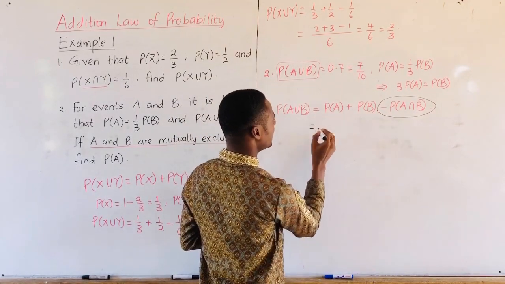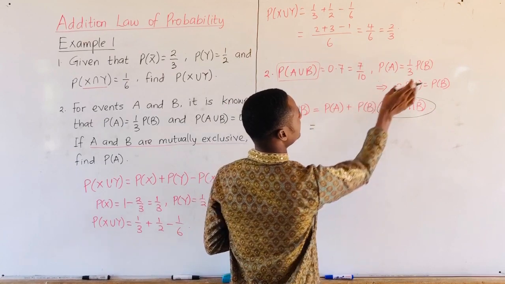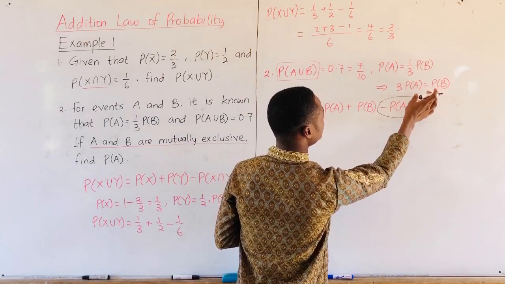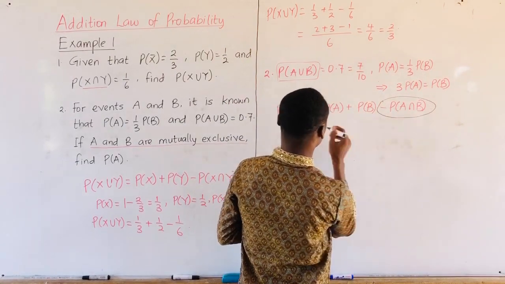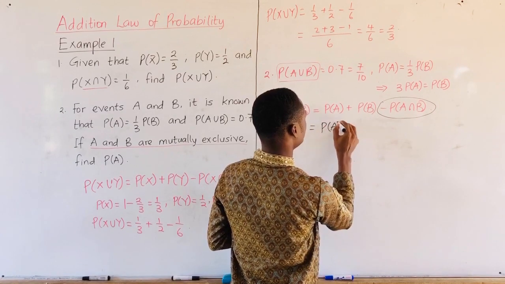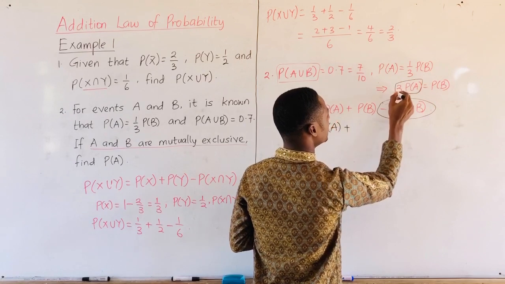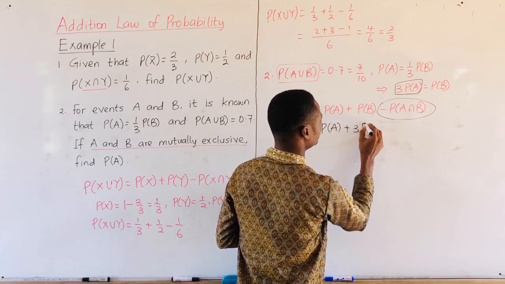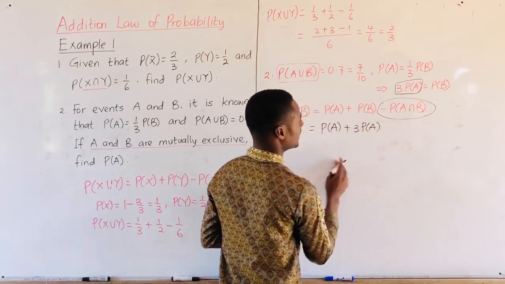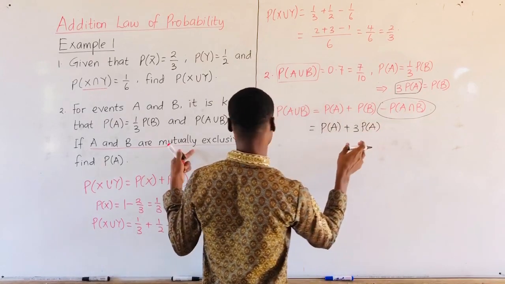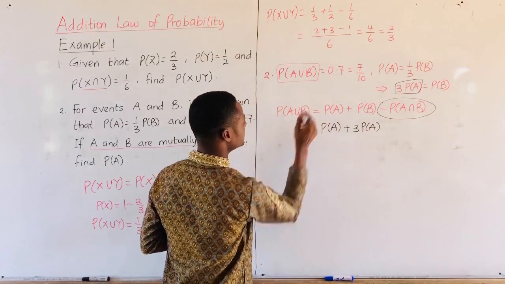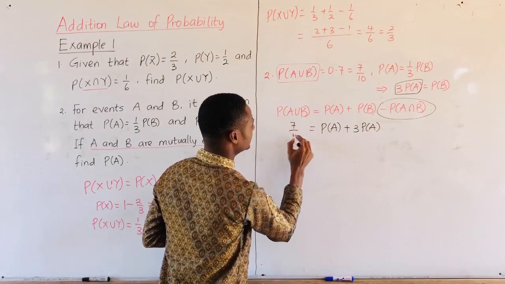And so we want to find probability of A. Then probability of B is 3 times probability of A, minus 0, because the events are mutually exclusive. And this is given as 7 over 10.